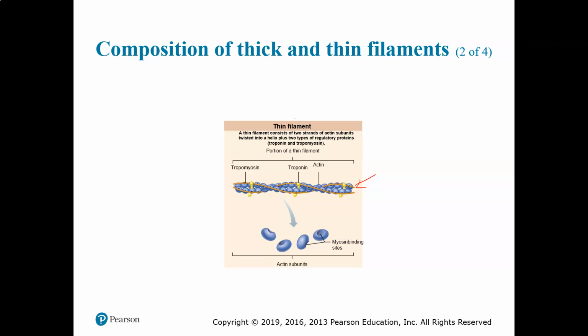The tropomyosin is wrapped in such a way that it covers over the myosin binding sites on the actin. So each actin has a globular G-actin subunit that has a myosin binding site on it, and the tropomyosin typically covers those binding sites up, and the troponin holds the tropomyosin in place.